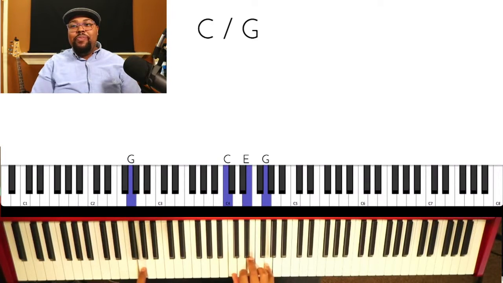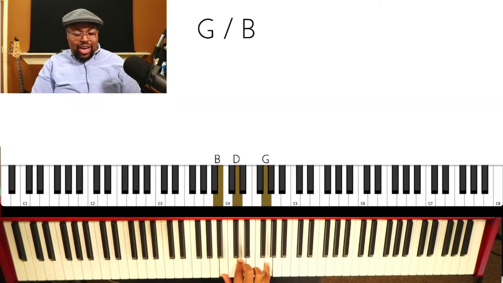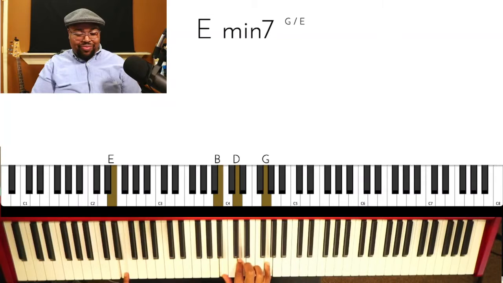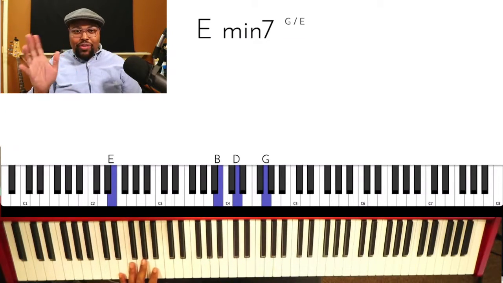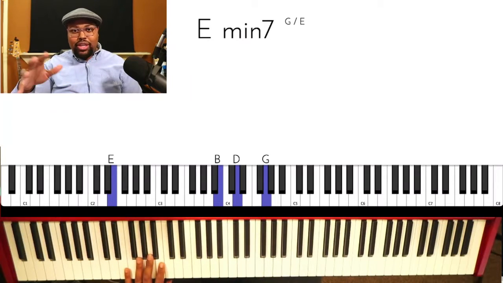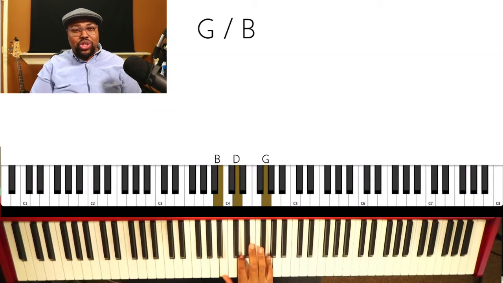Now, I got another C major over G, and I'm just using triads, guys. I'm not doing anything crazy. I'm just doing triads. Check this out. I did a G major chord again, but this time I put an E in the bass. Okay, so it created this interesting chord, E minor 7. We don't have to worry about that just yet. We'll talk about those extended chords and what the numbers mean later. But right now, I just want you to see this as a triad.